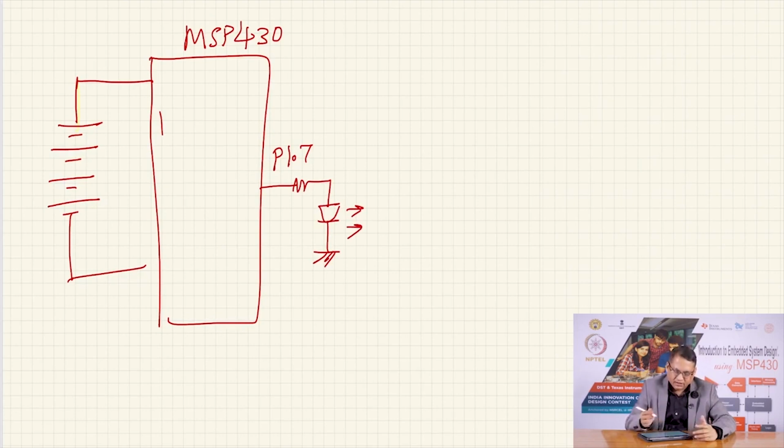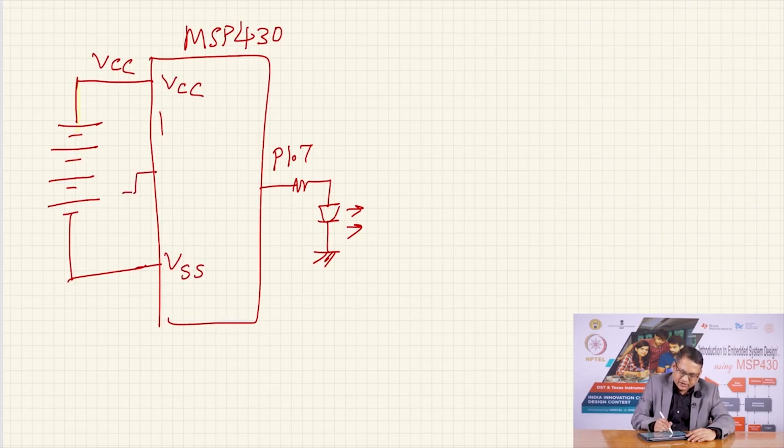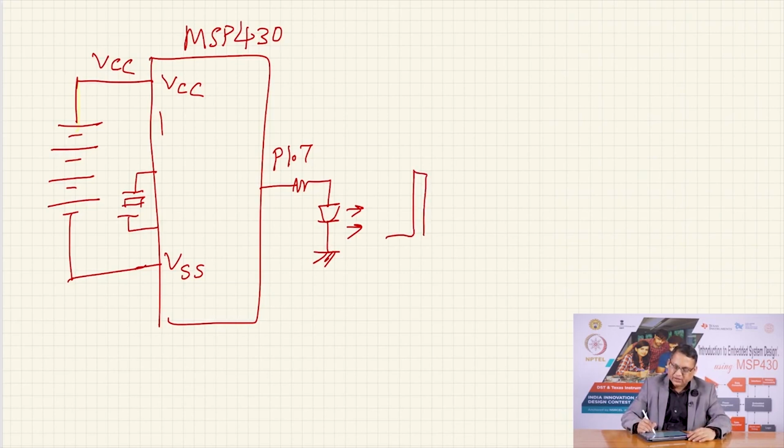On the microcontroller, this is the VCC pin, this is the VSS, that is the ground pin, and of course a crystal was connected to appropriate pins of the microcontroller, and you notice that this LED would blink every second in a flash.